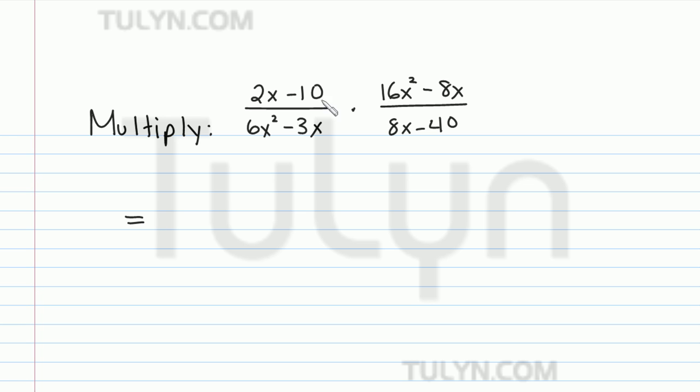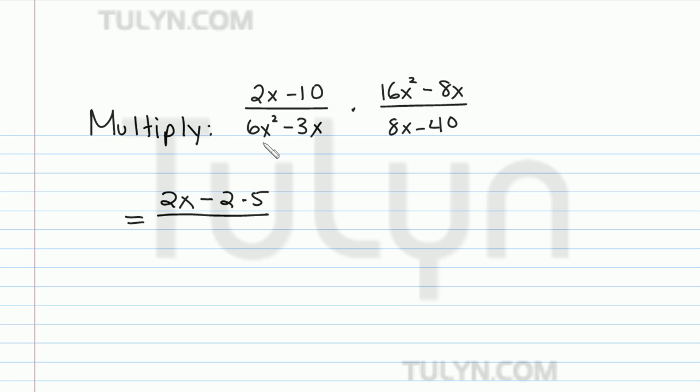So the numerator for the first one, 2x minus 10, you can factor out a 2, right? So let me actually rewrite it. This becomes 2 times x minus 2 times 5, which is just 10.